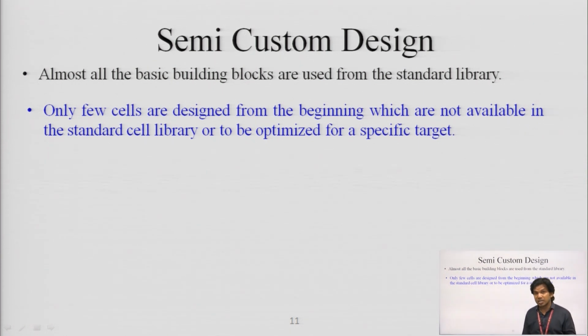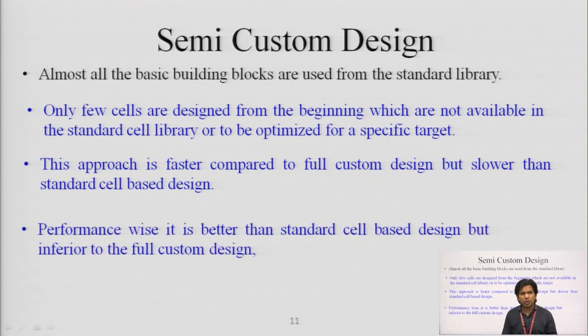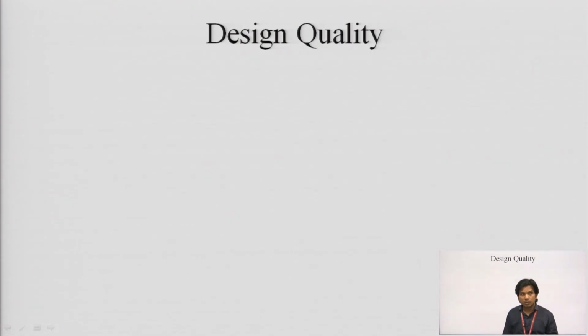So, full custom has higher performance. This approach is faster compared to full custom design, because only a few components we are redesigning. Performance-wise, we can say it is better than standard cell, but inferior to full custom design. So, full custom design is always better.